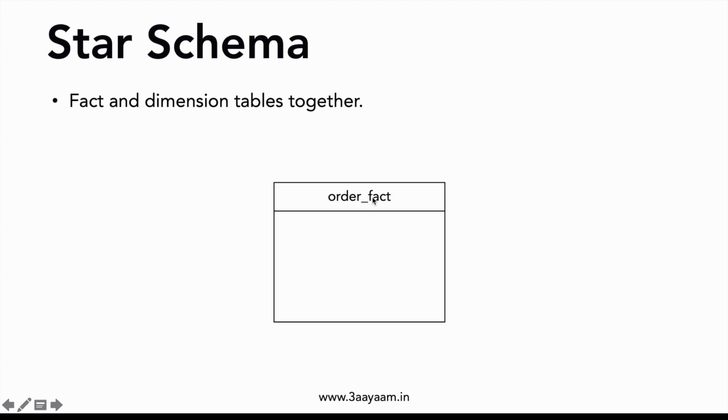This is the typical naming convention, that fact tables are named with the name of the table followed by underscore fact. Then these are the attributes or the columns of the fact table: order ID, item ID, customer ID, date key. All these combined together would form the primary key. Then we have the quantifiable attributes: order price and order items.